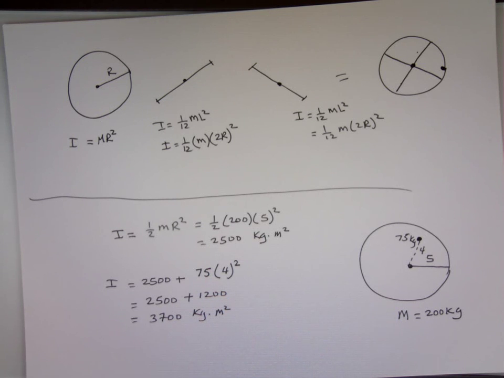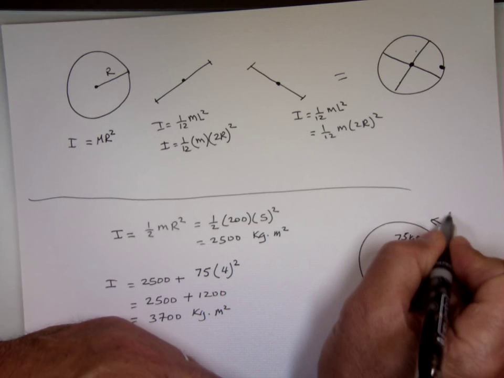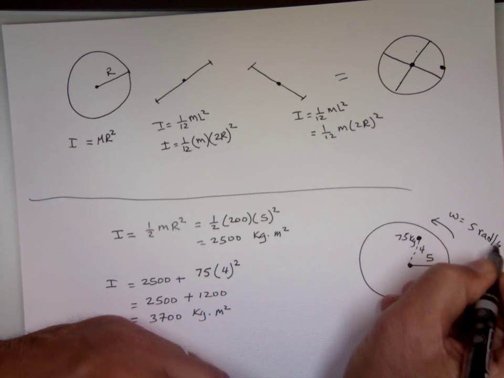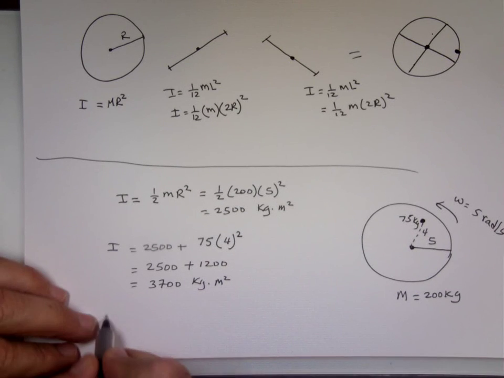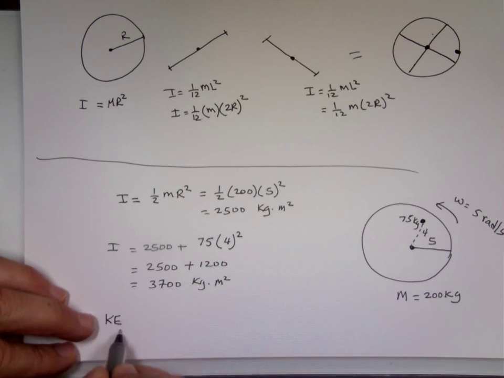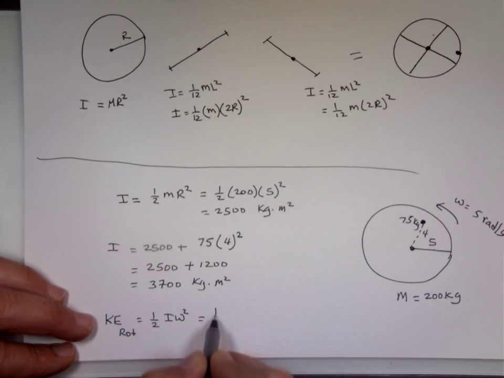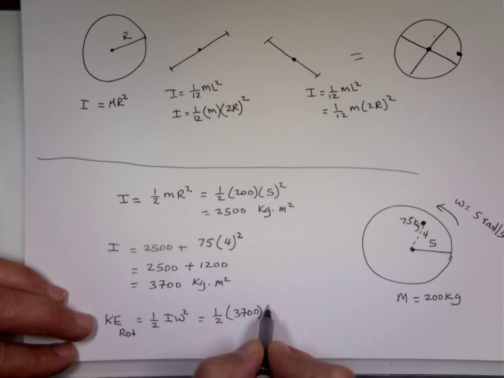If I know this is spinning, ω is 5 rad per second, I can tell you how much kinetic energy due to rotation this one has. It's 1/2 I ω squared. It's 1/2 I, now 3,700 because you have a person standing on it, times ω squared. ω is what? 5, and you square it.